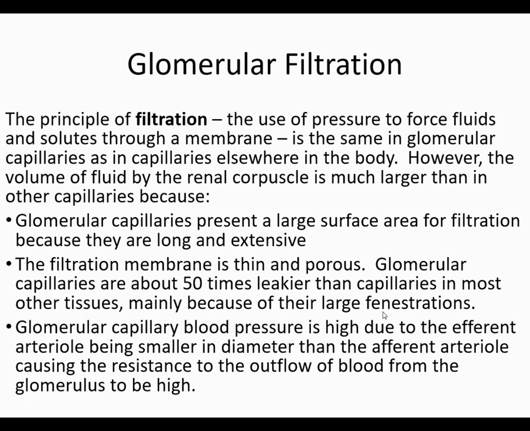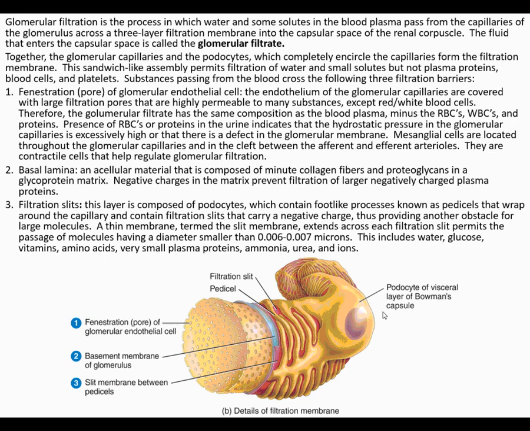The filtration membrane, which is what we talked about on this slide, is very, very leaky. We'll just call it that. First of all, the capillaries are fenestrated, so they have those holes, making them about 50 times leakier than other capillaries. And then the two membranes outside of it, and then the cells, allow for easy passage of certain materials.